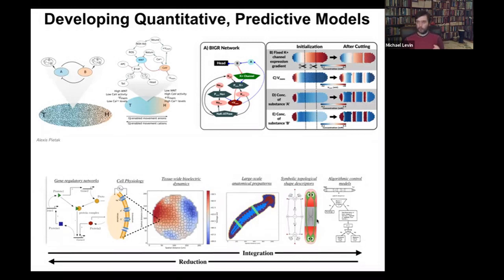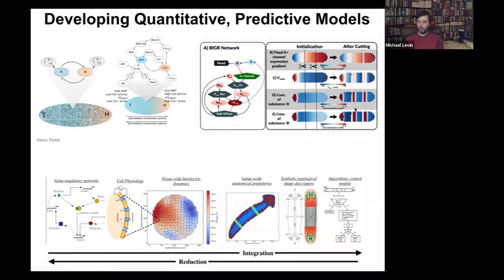Can we turn this into an algorithmic description that makes it much easier for us to control the process? Now this is almost like a high level programming language where we can see the measurables and the decision points that the circuit is using to control large scale patterning modules like make a head, make an eye. We're literally integrating every part of this so that you can build it up and then exert all your manipulations at this level.